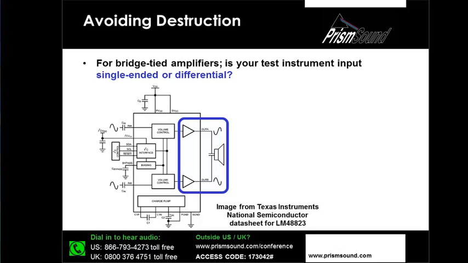A bridge-tied amplifier, rather than having one terminal that is essentially a ground connection and another terminal whose voltage swings either side of that, in the bridge-tied case we have two live terminals that are effectively operating in push-pull, both swinging either side of a nominal midpoint.